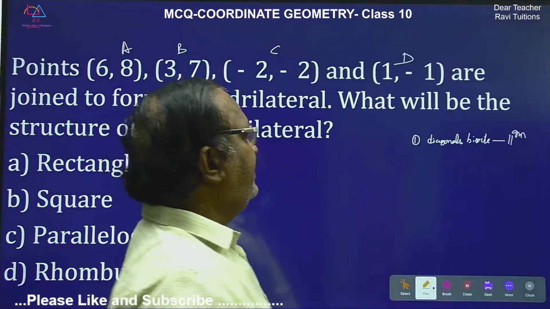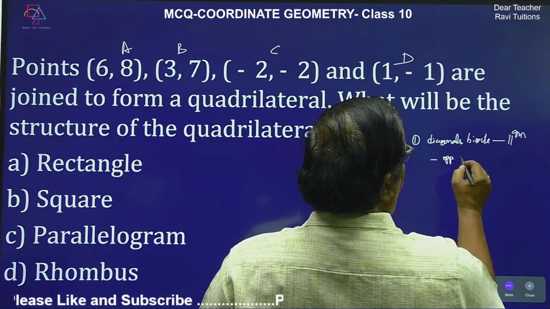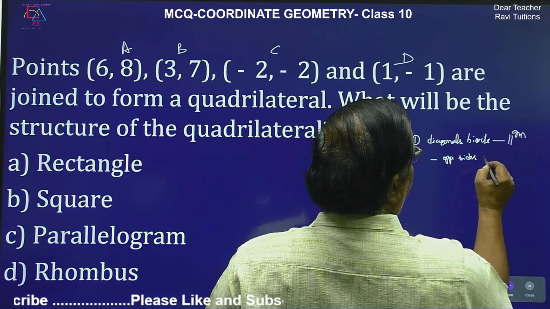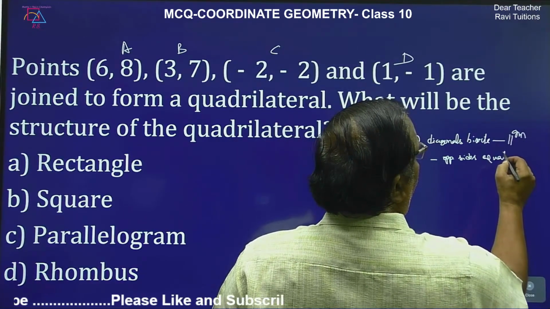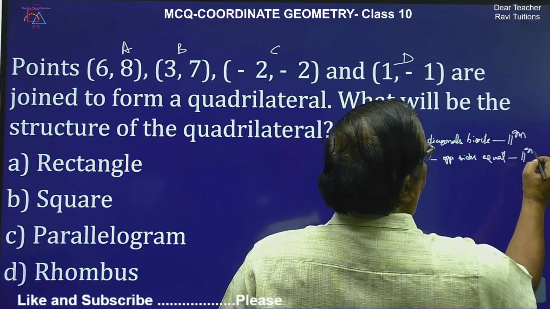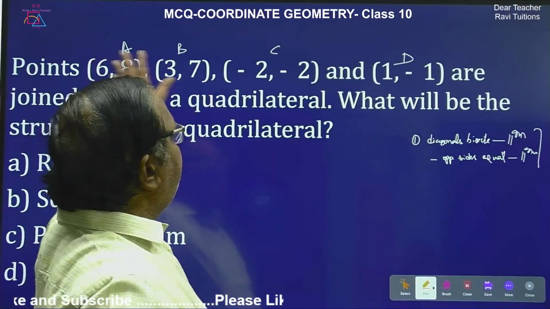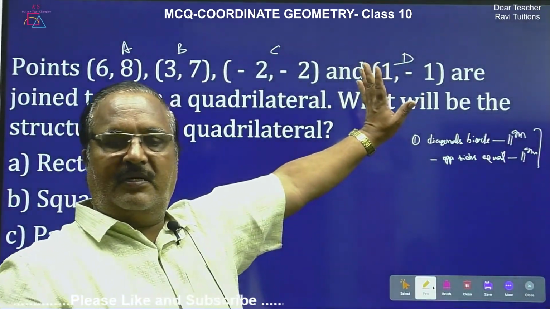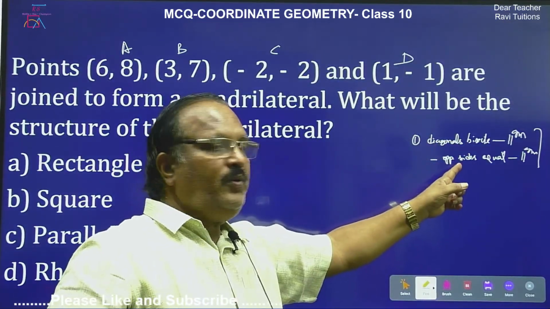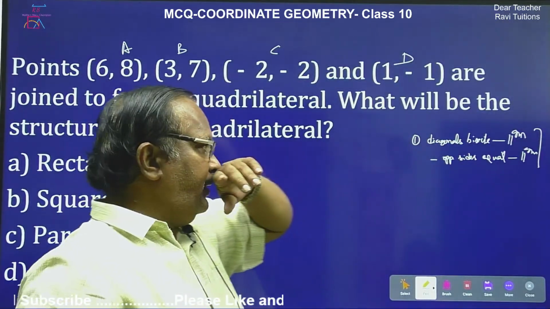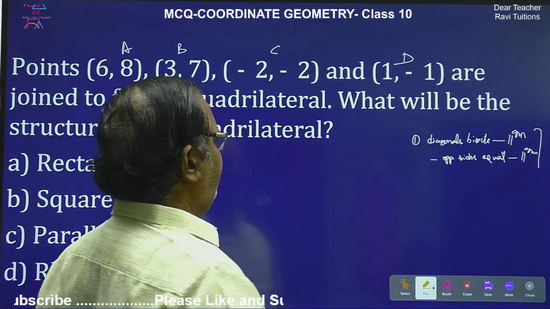Okay, or if opposite sides are equal, even then it is a parallelogram. So to know whether these belong to the parallelogram or not, either you can go in this way or you can go in this way. Okay, so let us apply diagonals bisect each other.